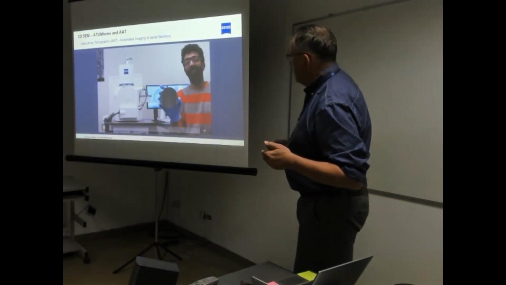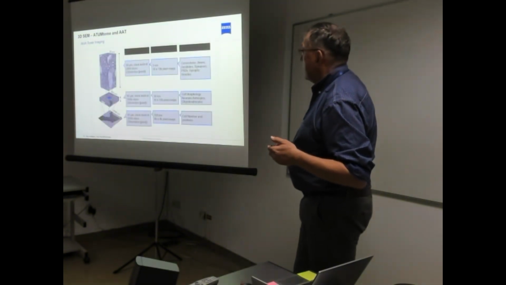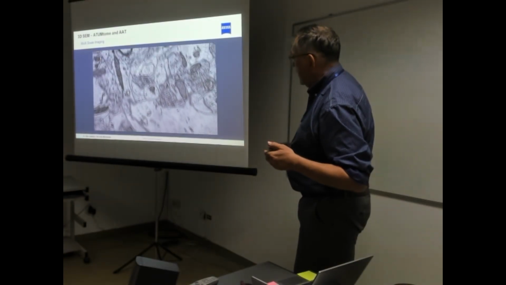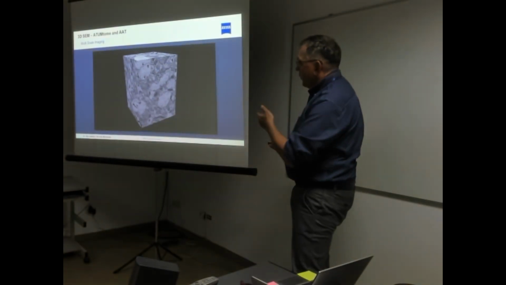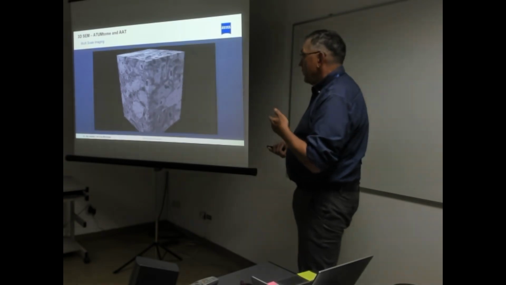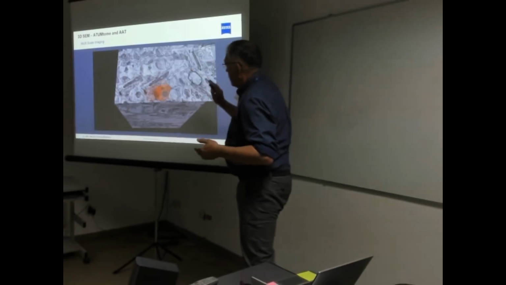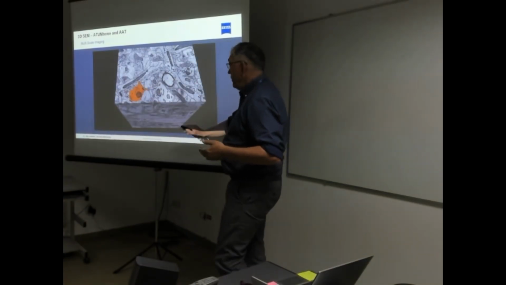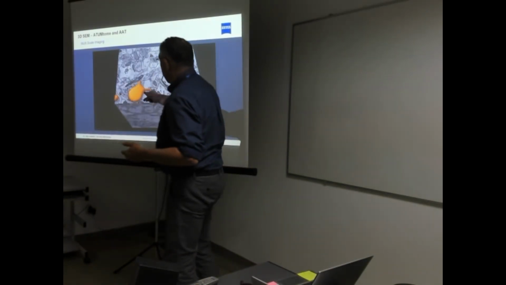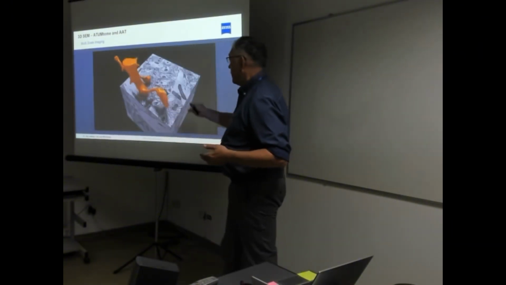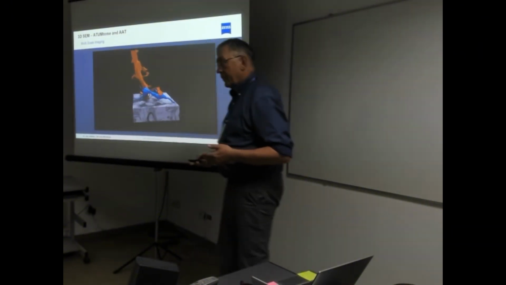And if we do this not only one time, but from a complete stack of 2,000 images of a certain volume, then we end up with this kind of data set. So we have 2,000 images here representing this volume. And now we can start to track one neuron and see to which other structures this neuron is connected.